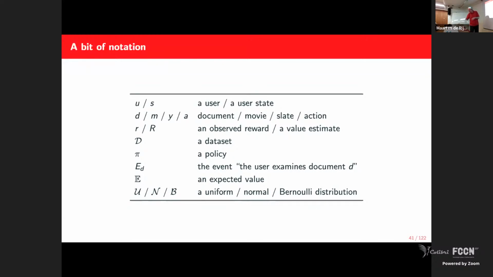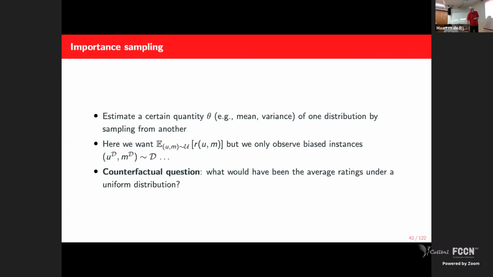We have data because we have a running system, the logging policy. And now we want to learn from this. We want to use this data to evaluate. An important concept here is importance sampling. So we want to estimate a certain quantity, a mean, variance of one distribution by sampling from another.